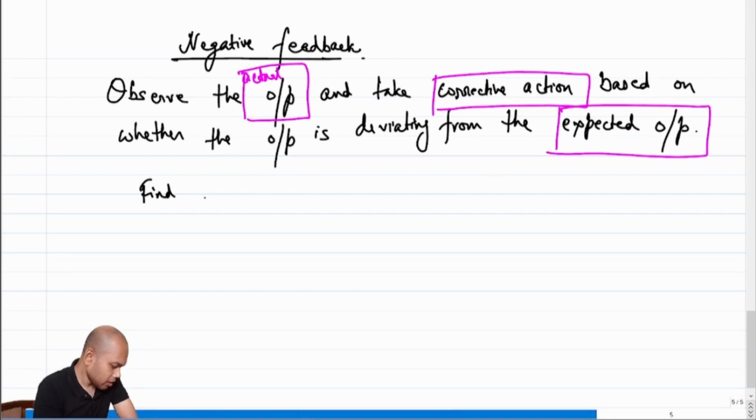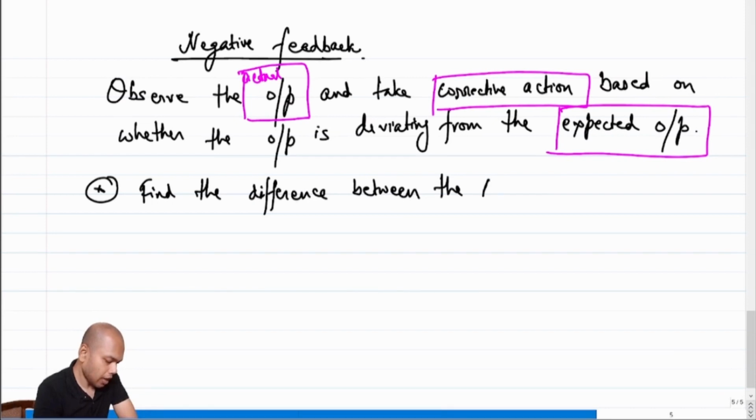Number one, find the difference between the actual output and the expected output.